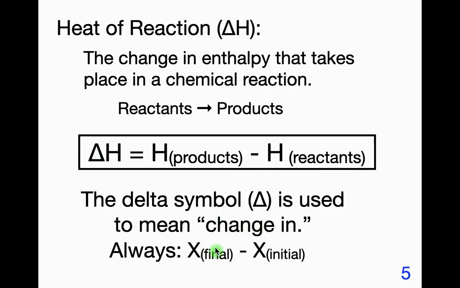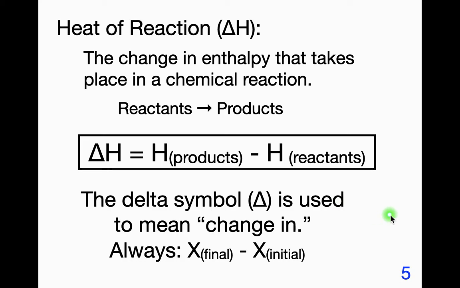And it's always final minus initial. So x could be anything that you want it to be. If you have an initial amount and a final amount, and subtract from that what you started with, that would be your delta x in this case. So products is what we end up with. The reactants is what we start with. So we take the enthalpy of the products and subtract the enthalpy of the reactants.